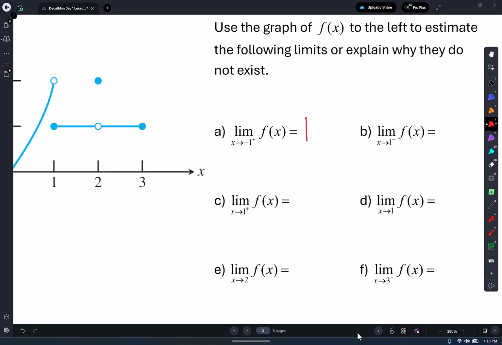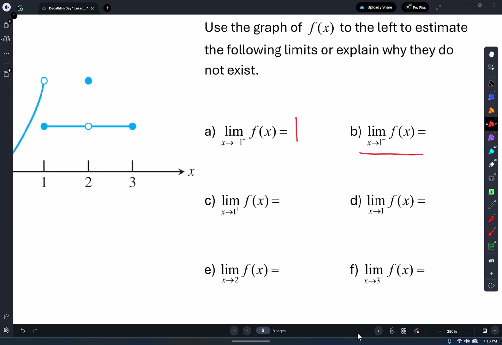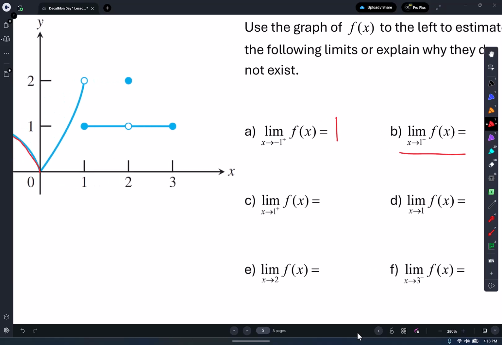All right, ready or not? Read this statement. Limit of f of x as x approaches 1 from the left. Perfect. What is that limit?